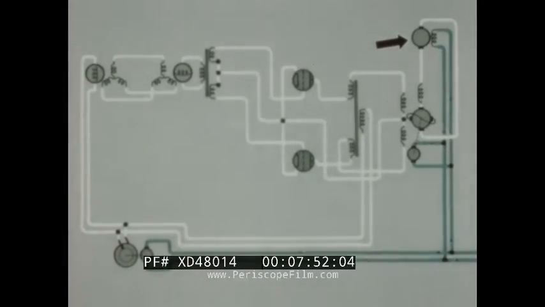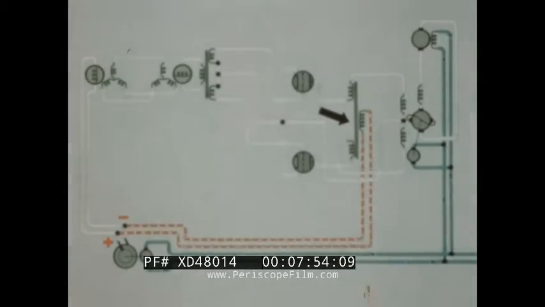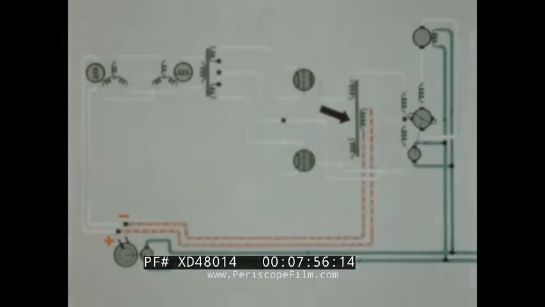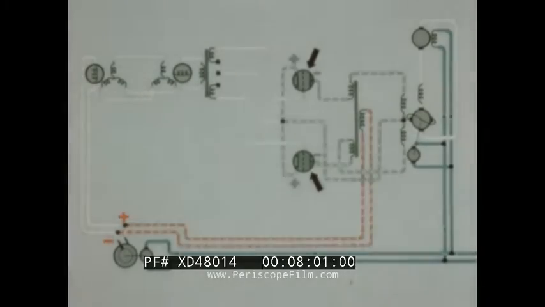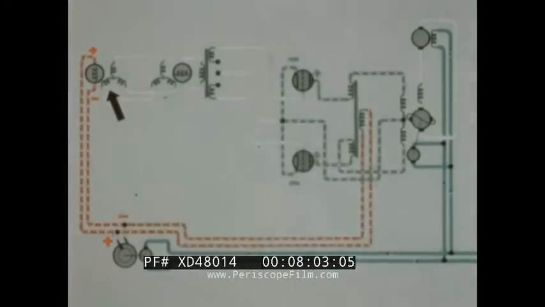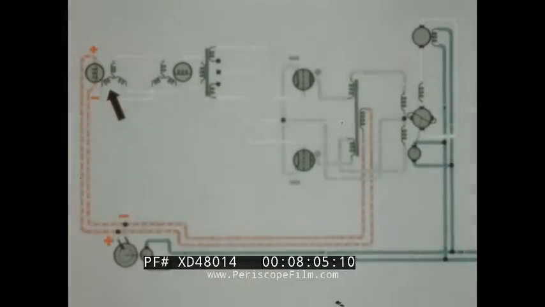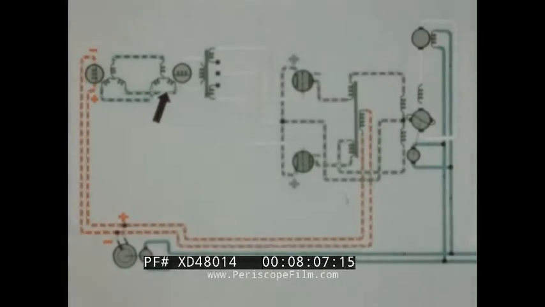The dynamotor furnishes AC to the power supply transformer, which then excites the tube plates. AC is also supplied to the Selsyn transmitter, which in turn sends a signal to the receiver.